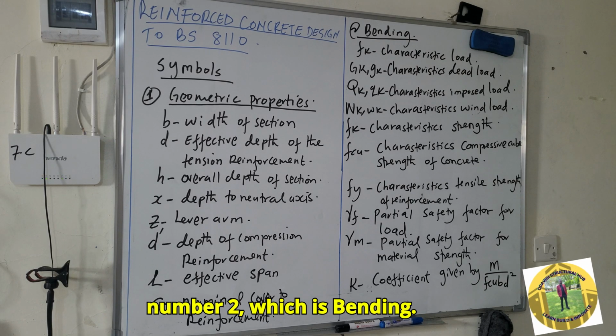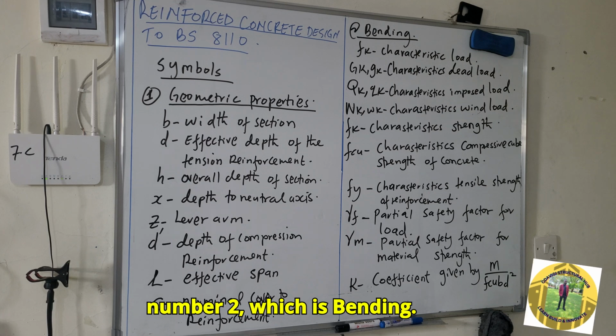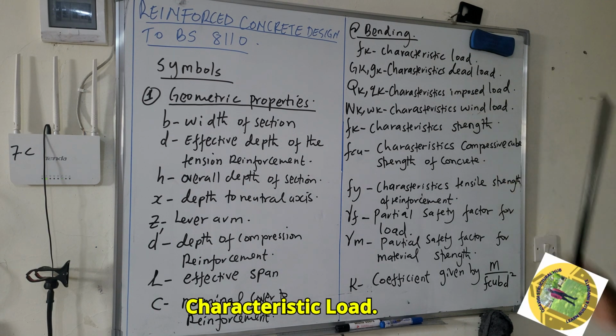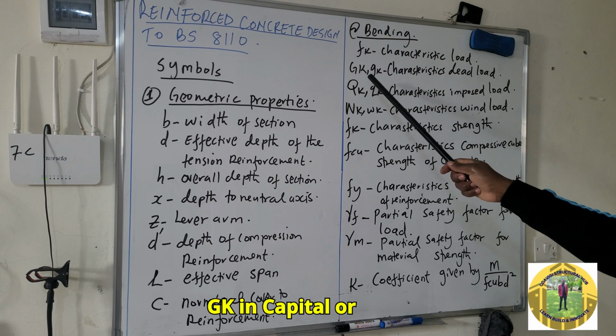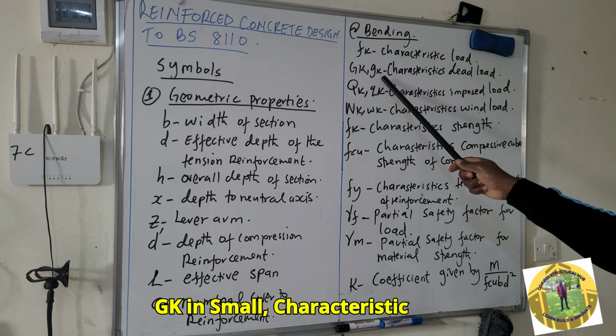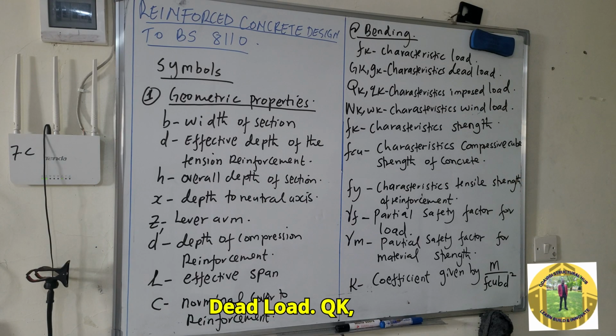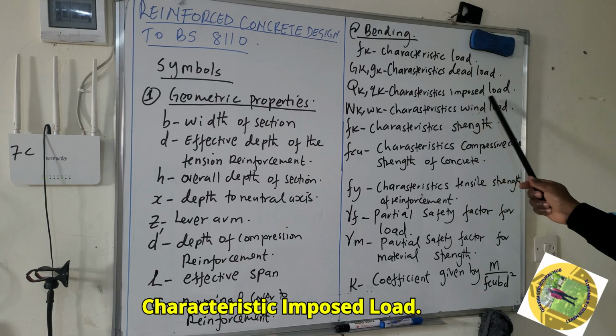We proceed to number two, which is bending. Fk, which is characteristic load. Gk, characteristic dead load. Qk, characteristic imposed load.